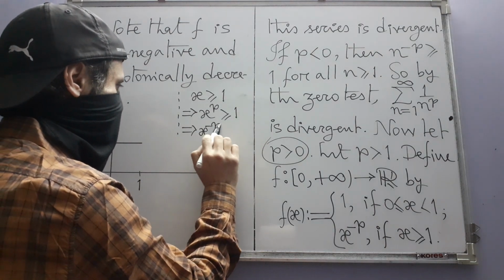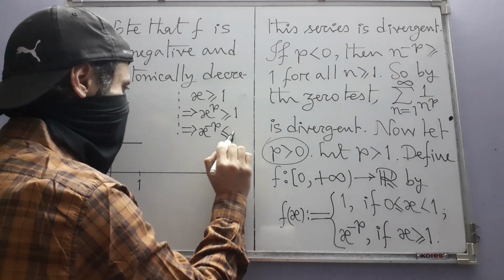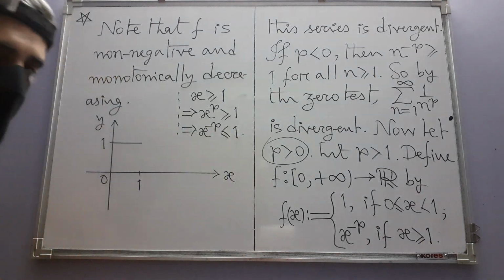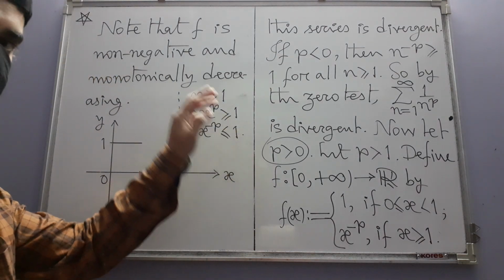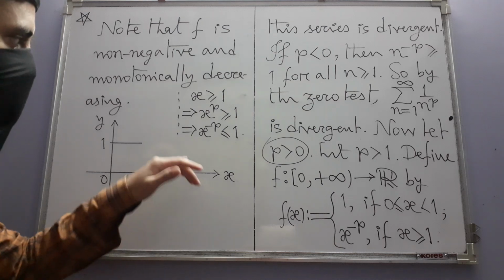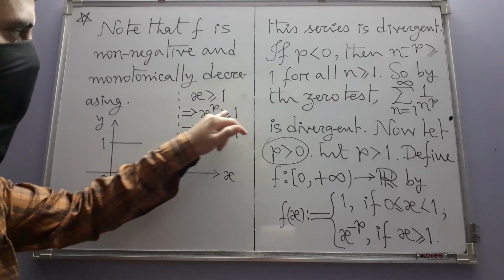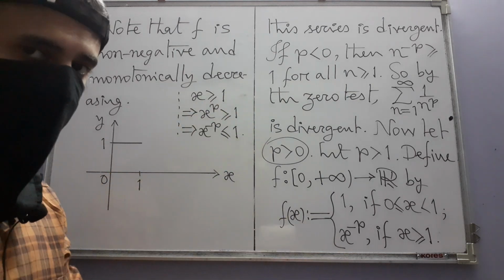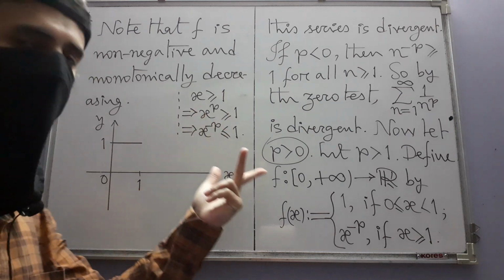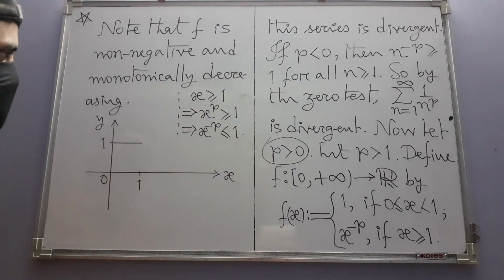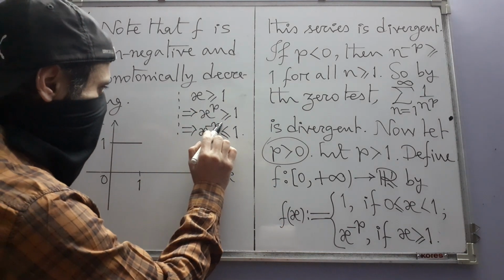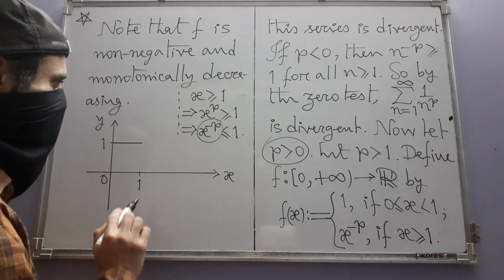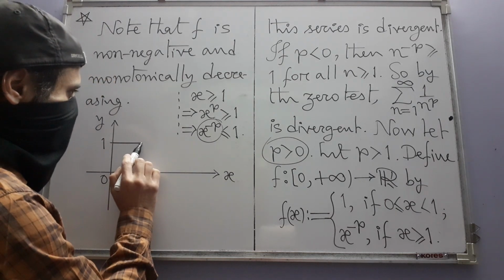So, x to the power minus p is less than or equal to 1, because in order to get x to the power minus p, you have to take reciprocal, and when you do that, keeping in mind that both sides are positive real numbers, the inequality will get reversed. And that's how, whatever value this x to the power minus p is going to be, it will be less than or equal to 1.